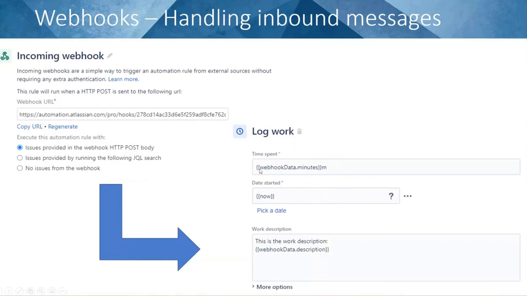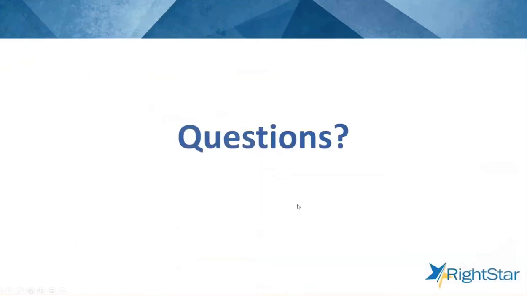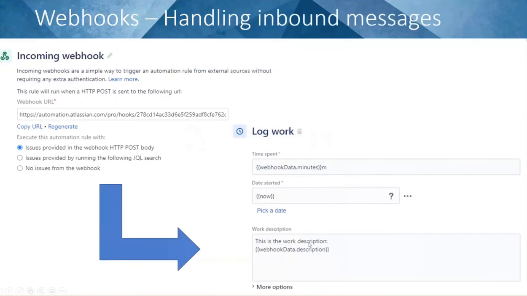I know that in the webhook data I'm going to get minutes, and I'm going to specify with the M that I'm getting a number of minutes to populate. I'm going to say the date is whatever date came in. And finally, I'm going to put in a description, and the description is what comes in the webhook. This will allow me to automatically log work.